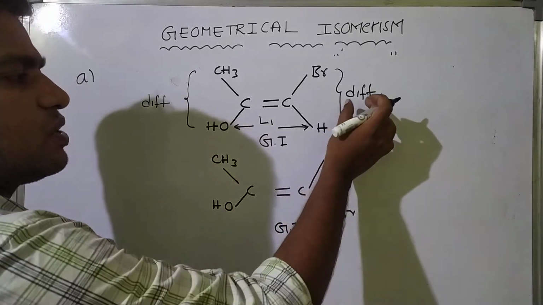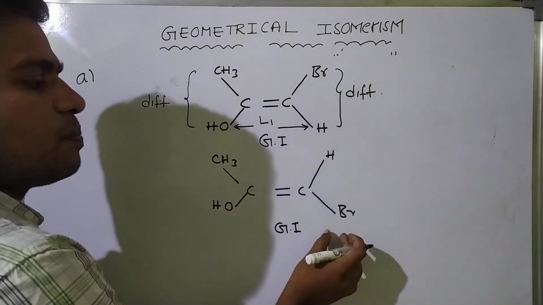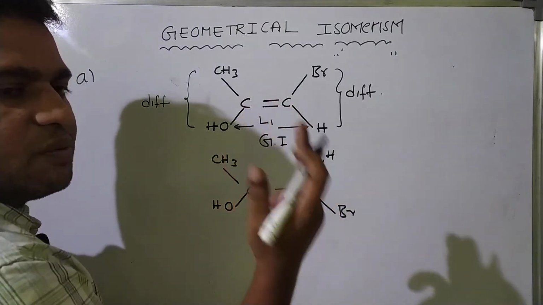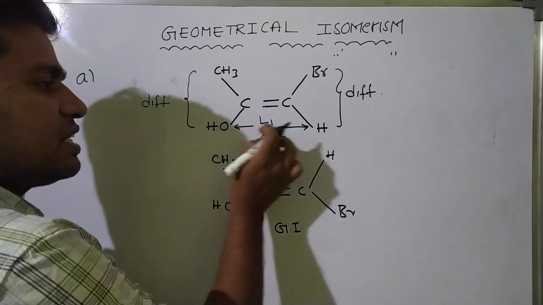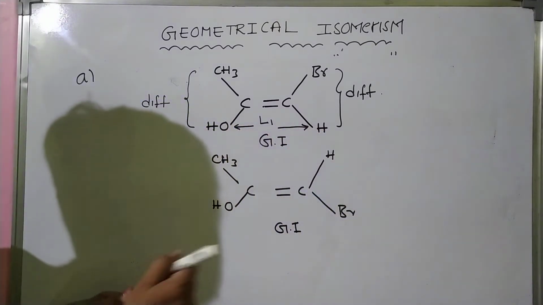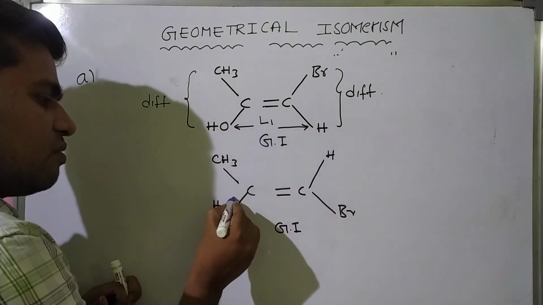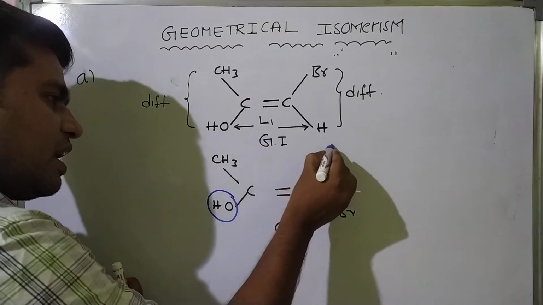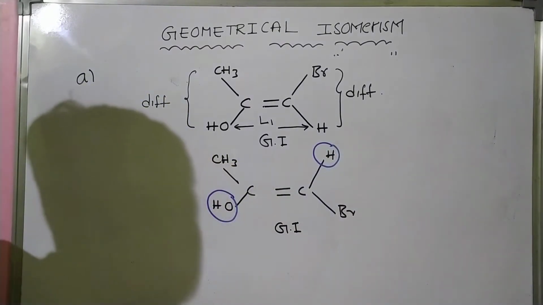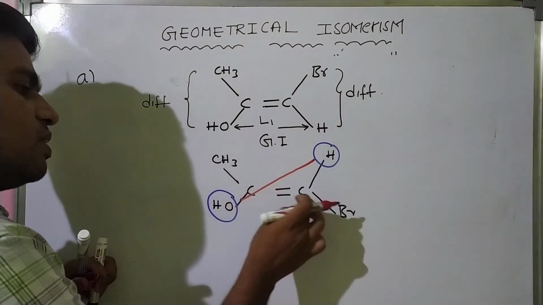According to the first rule of geometrical isomerism, these two compounds are satisfied. Now we will check the second one. Here the distance is L1. Now the diagonal length: here OH, this is hydrogen. In this case this OH and this hydrogen are present opposite with respect to the carbon-carbon double bond.